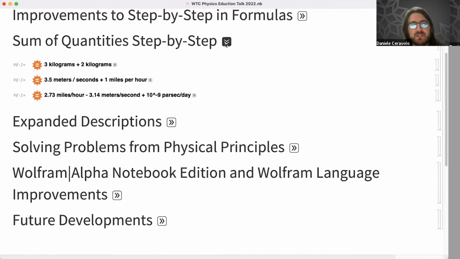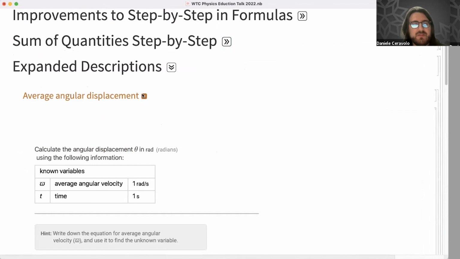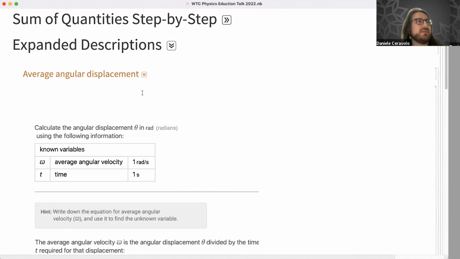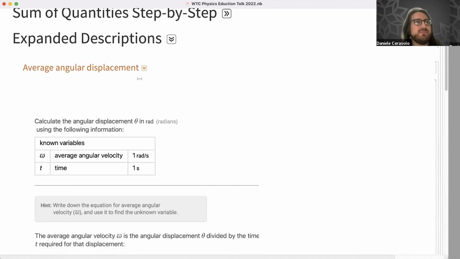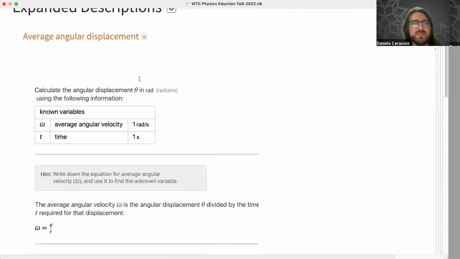Moving on, another front that we have been working on is to provide a more correct approach to step-by-step formulas. Instead of saying this is a relationship between this quantity, this is the formula, we want a way that is more accessible to students and teachers, and hopefully more explanatory.